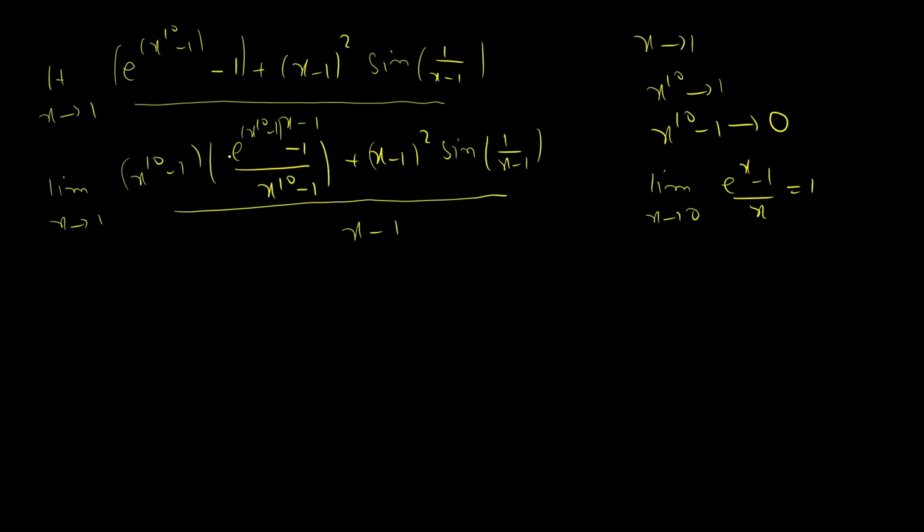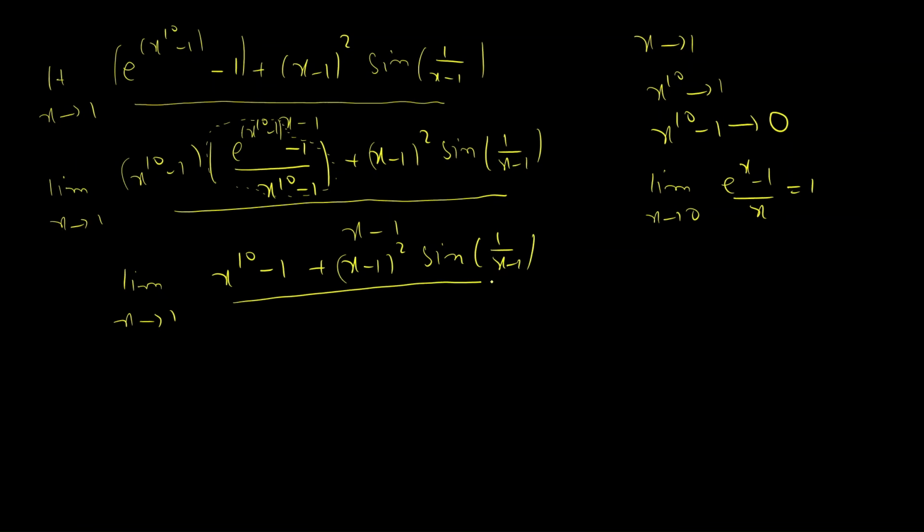Now as x will tend to 1, I can write this quantity as 1 itself, right? Reducing it to 1, we get limit x tends to 1, x power 10 minus 1 plus x minus 1 whole square sine of 1 by x minus 1, divided by x minus 1.